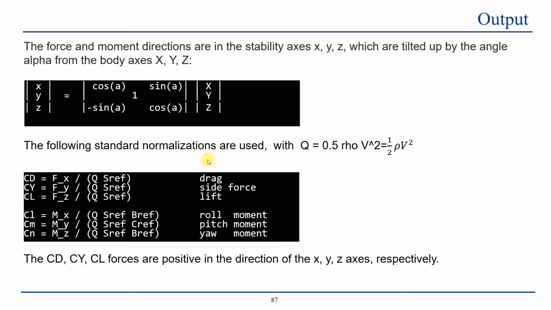And the following standard normalizations are used. So any of these coefficients for any forces and moments are basically those forces and moments normalized, which is divided by these items or values or terms, which basically non-dimensionalizes the forces and moments.